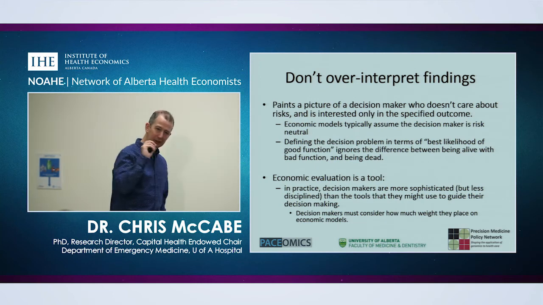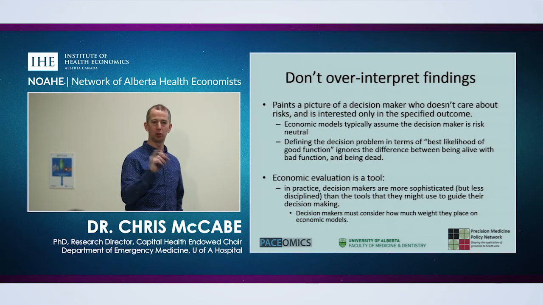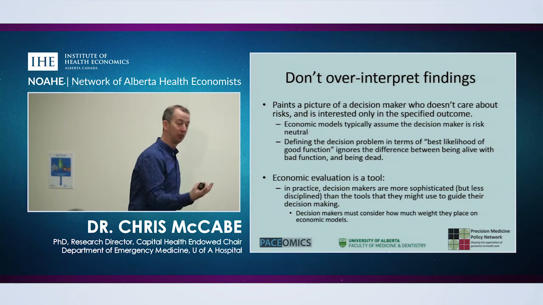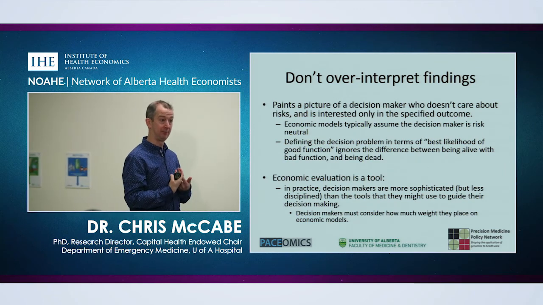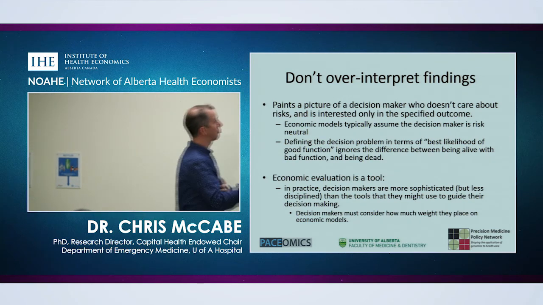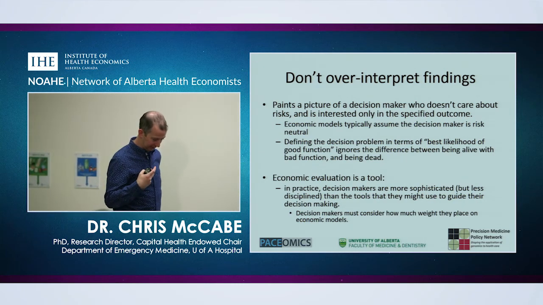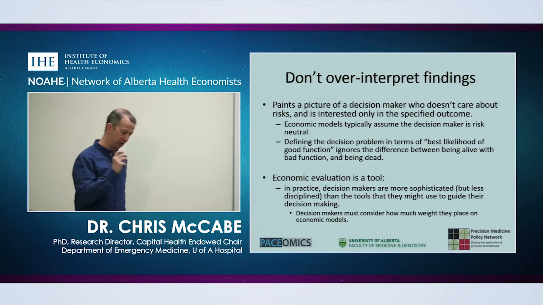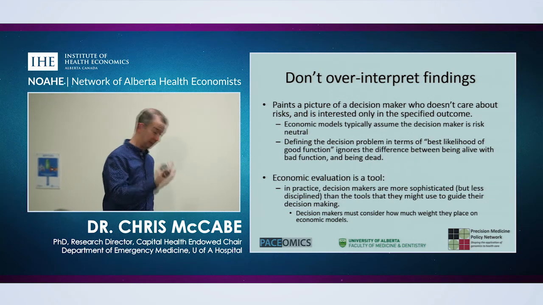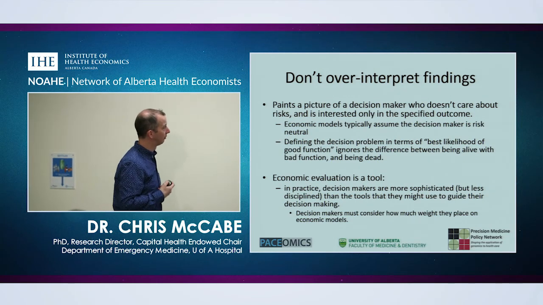So think critically about the states, because all clinically relevant states may not be all the states that are relevant to the patient in terms of their experience of that health. So when you look at the structure, if you look at the states, always ask yourself the question, are the values that the patients as well as the clinicians think we should represent captured in there? I think you need to be really careful.